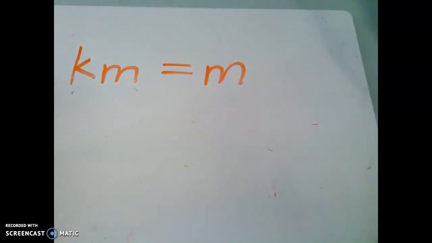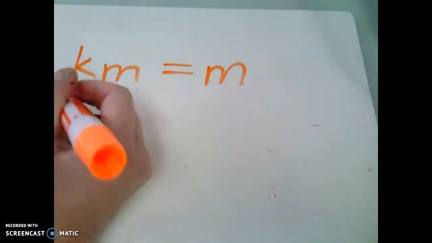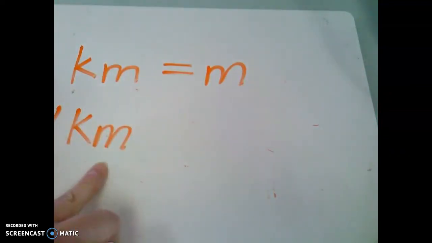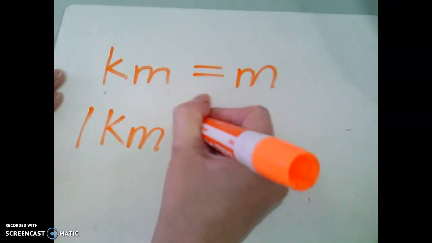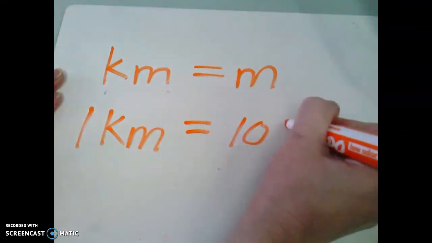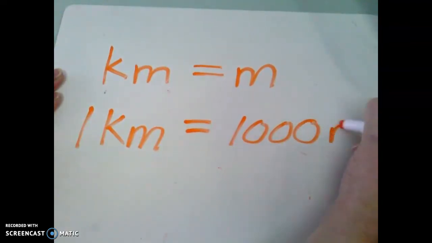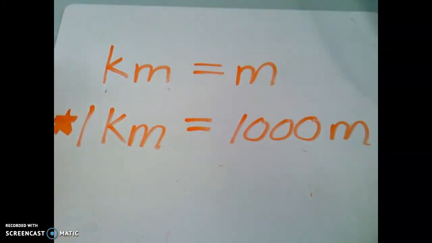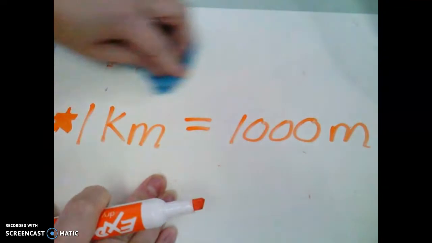Okay? So here's what we need to know. We need to know that 1 kilometer equals 1,000 meters. Okay, so this is the one we're working with today. 1 kilometer equals 1,000 meters.